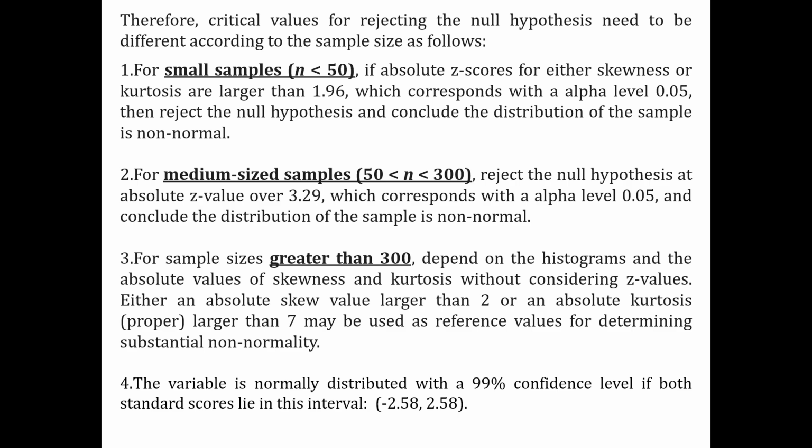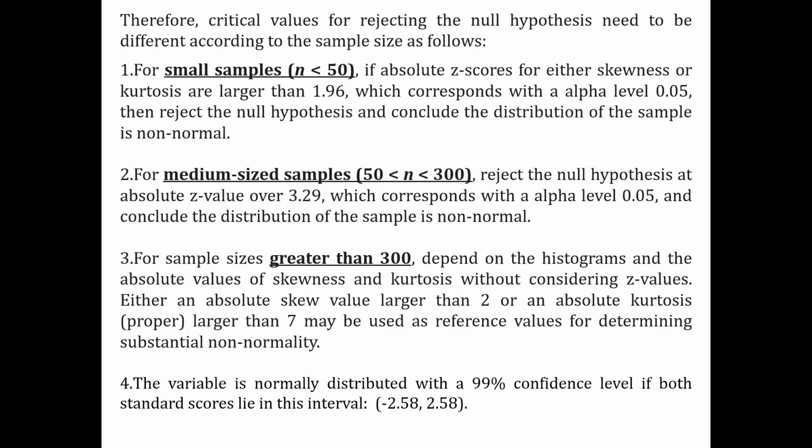Similarly, for a medium-sized sample, that is when n ranges between 50 and 300, we reject the null hypothesis at an absolute Z value over 3.29, which corresponds with the alpha level of 0.05, and conclude the distribution of the sample is non-normal.